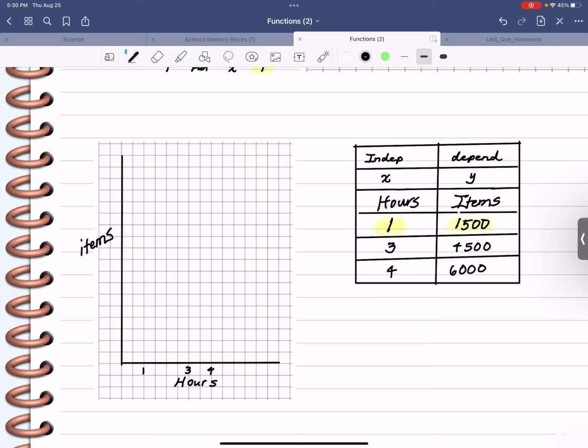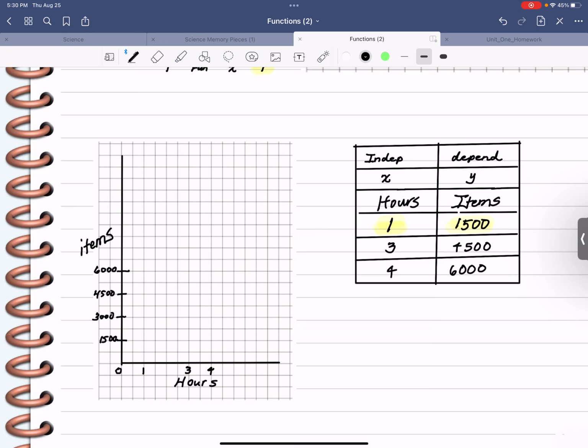So the number of items produced depends on the number of hours worked. And we have 0, 1,500. Actually, I'm not going to skip that spot. Let's just keep putting in, this would be 3,000. Then 4,500, this is scaled by 1,500. And then finally 6,000.